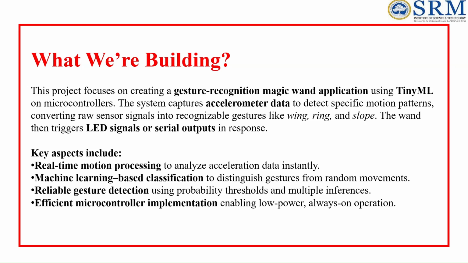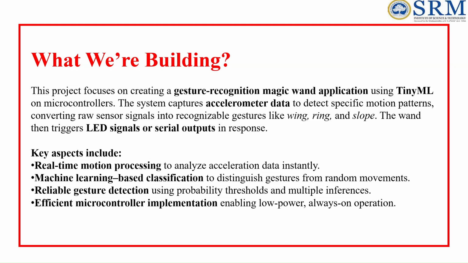But what's truly exciting is not just the fun of having a wand, but what it represents. This project teaches us how to take raw sensor data, feed it into a machine learning model, and run it in real time in a tiny microcontroller.